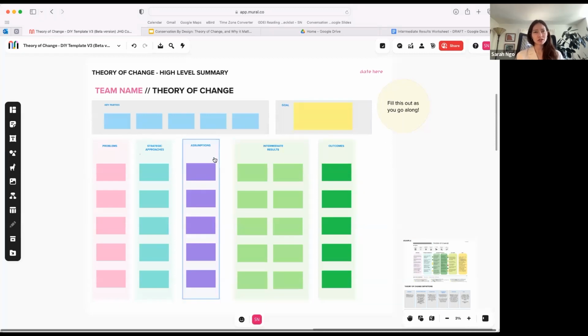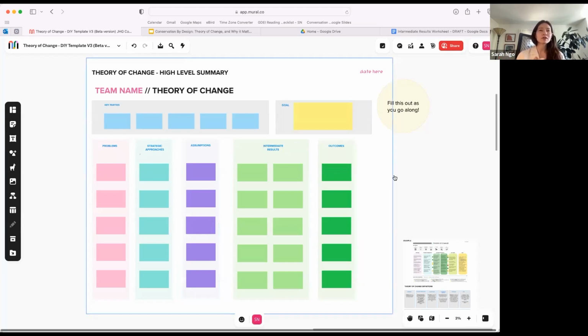The point of a MEL plan is to support the team in having the correct evidence come in the door so that they can make evidence-informed decisions about their strategy moving forward.